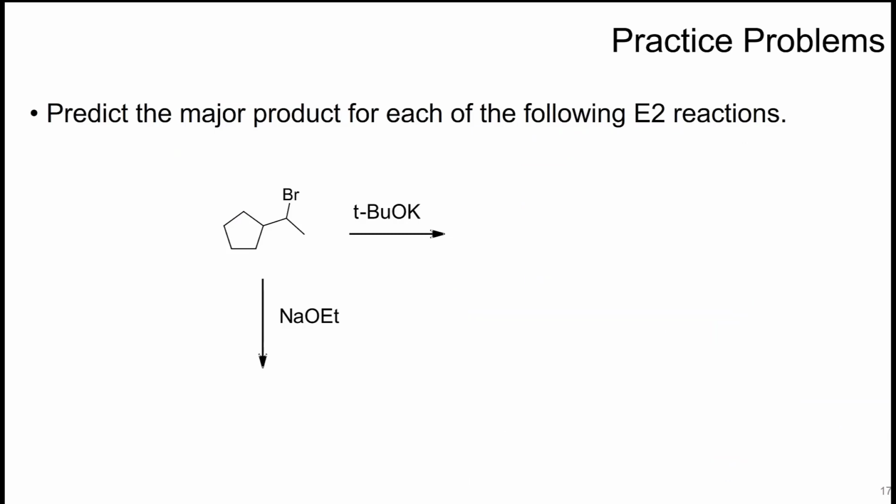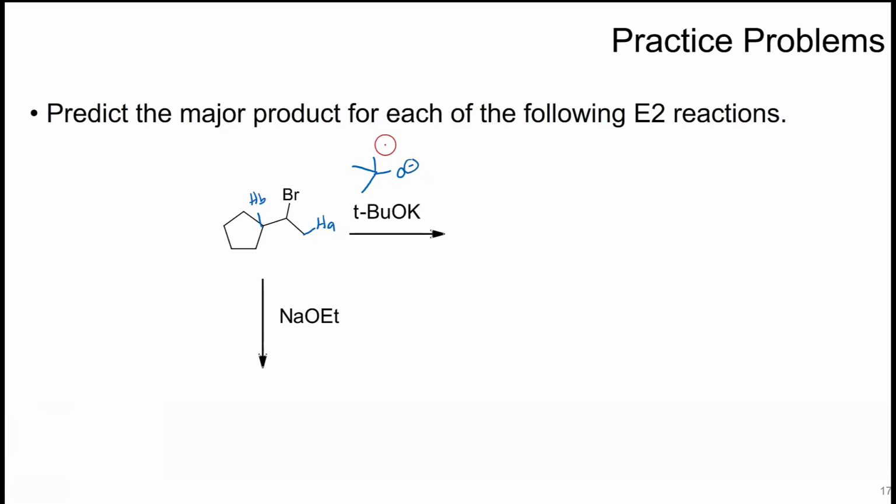Okay, so predict the major product for each of the following E2 reactions. I have this bromoalkane. There's T-butoxide, which is the same thing as this. And I have sodium ethoxide. So if I go this route first, if I look at my hydrogens available, I have a beta hydrogen here, HA, and there's one here, HB.